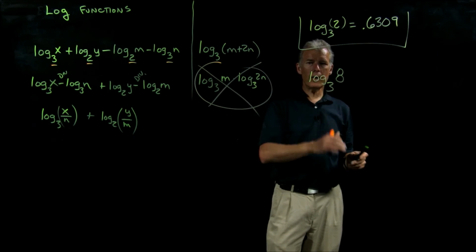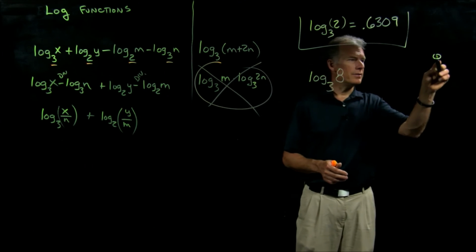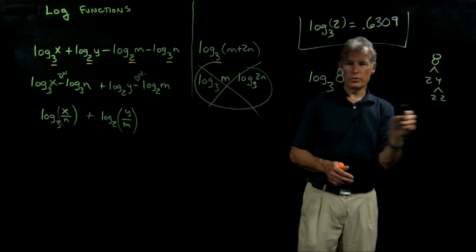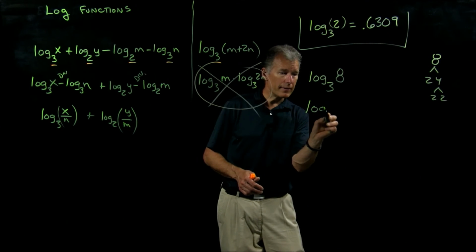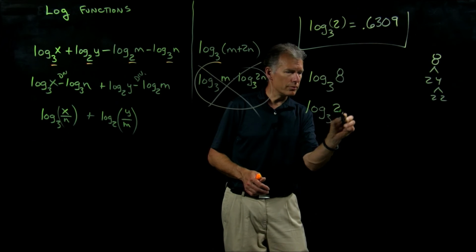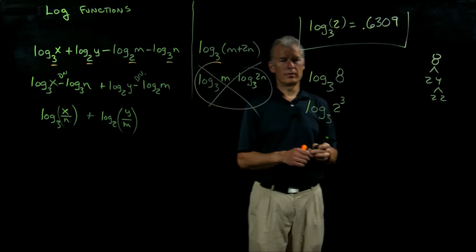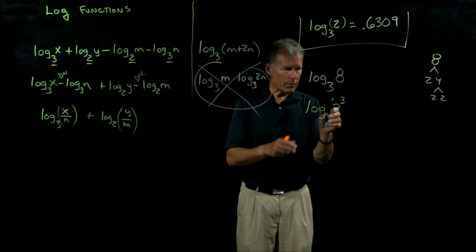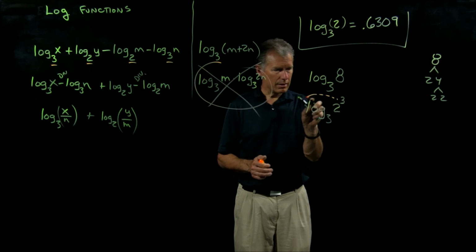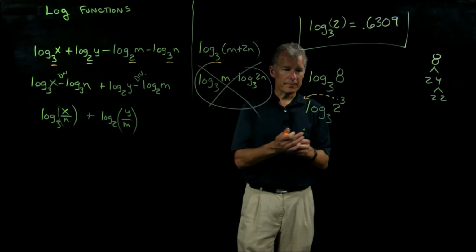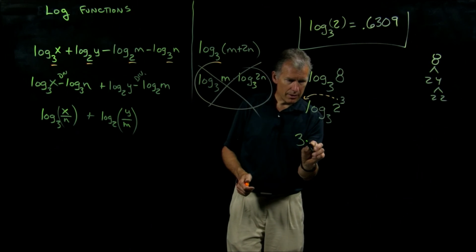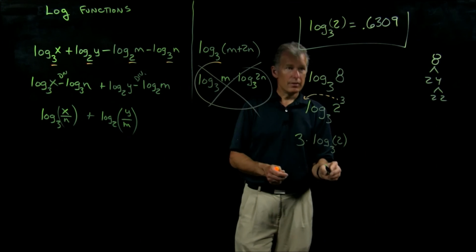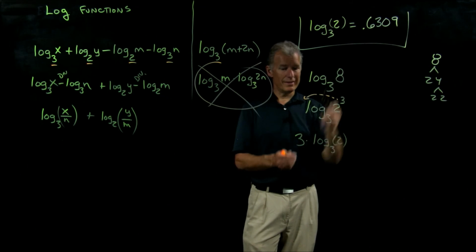It's not helpful right away, but think about 8. 8 can be factored into 2 cubed, right? So I can rewrite this as log base 3 of 2 raised to the power of 3. All right. And using our log properties, then we know that the 3 can come out front. So this could be then 3 times the log base 3 of 2. But we know log base 3 of 2 is that.